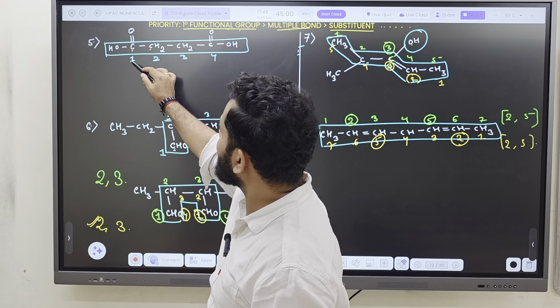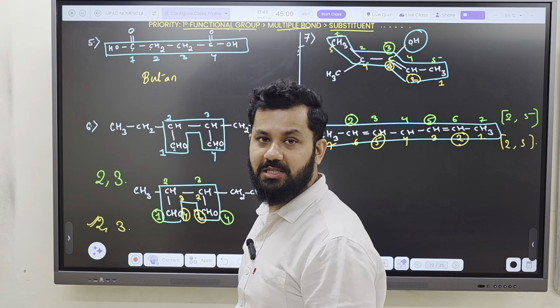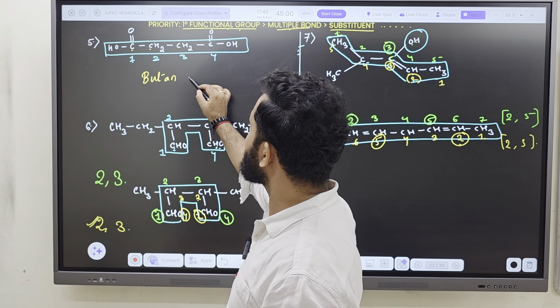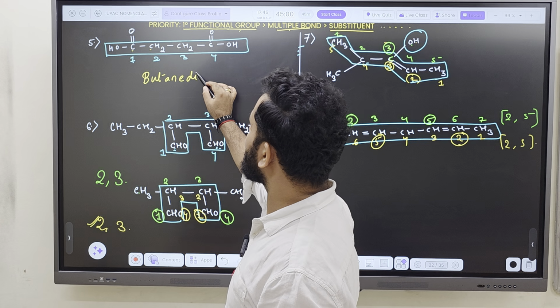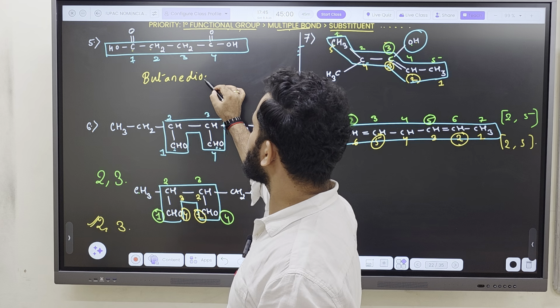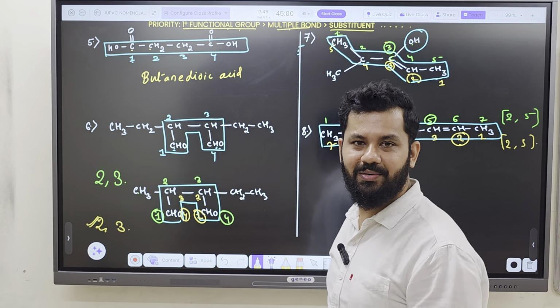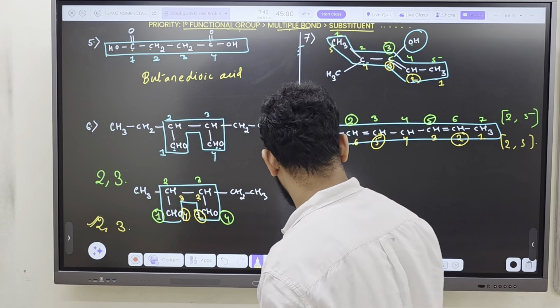Then at the 1 and 4 positions there are oic acid groups, so we write butanedioic acid. Now a small technicality over here.